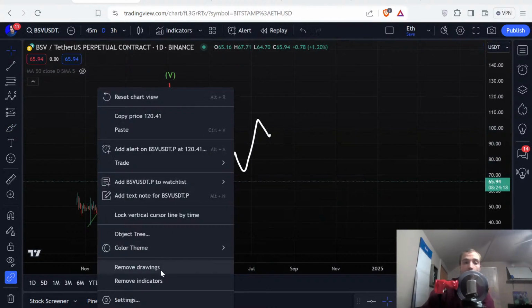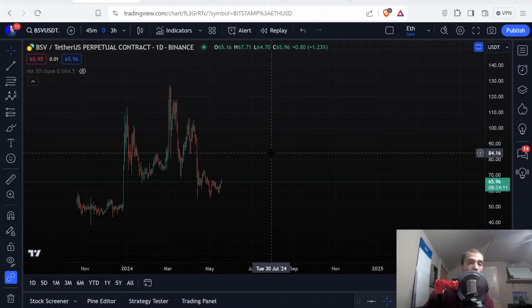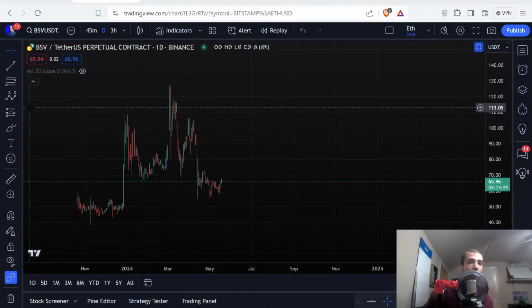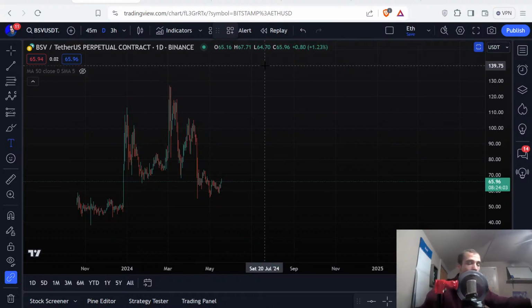So it'll probably do a higher percentage gain than Bitcoin before the end of the cycle. But that's because Bitcoin has a huge market cap. It takes a ton of money to move Bitcoin. BSV has a low market cap. It doesn't take very much to send it up. So as the bull market goes crazy and money comes into Bitcoin, because BSV has a lower market cap, it'll do a bigger percentage gain.